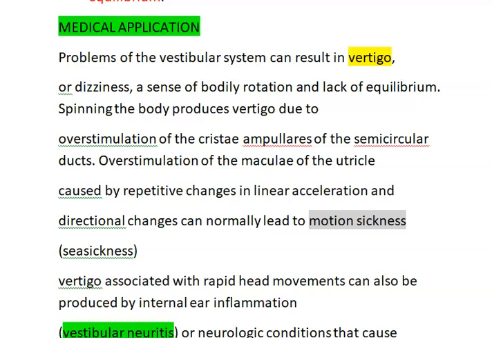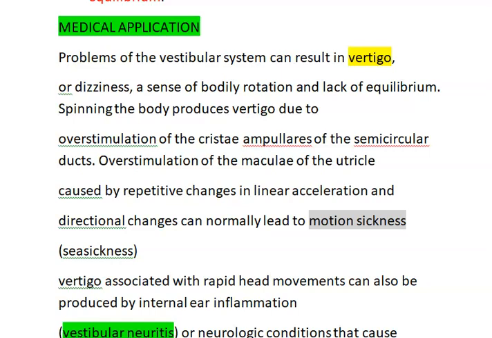When someone feels dizziness, a sense of body rotation and lack of equilibrium. You remember when we started, when you feel dizzy and you are failing to stand, you are even seeing things moving. That condition we call vertigo.